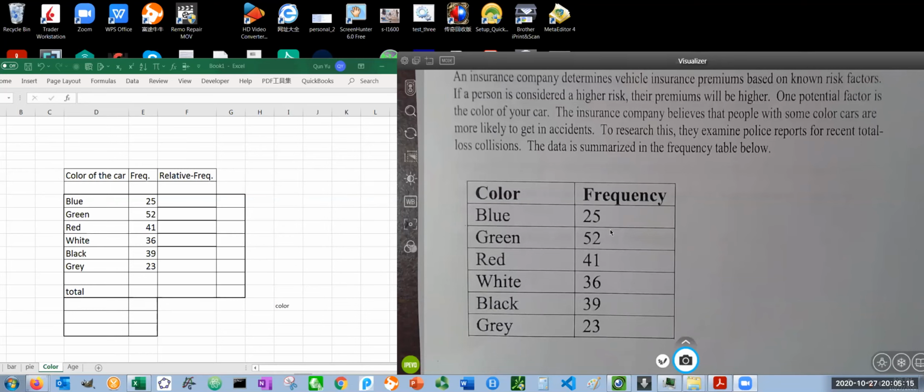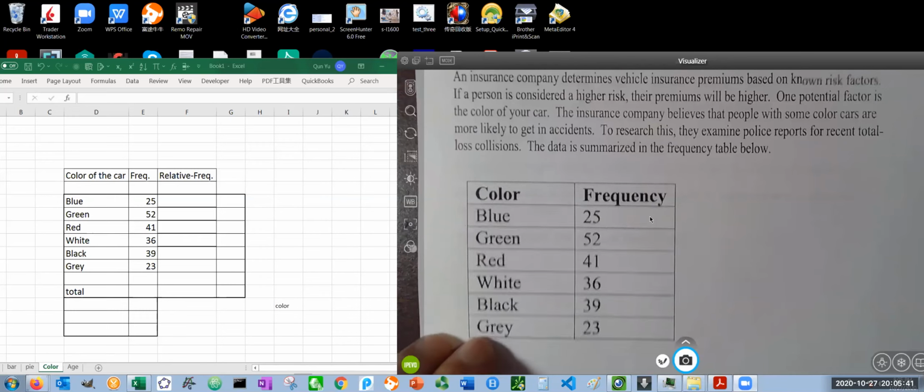For example, if I ask you, among all of these 216 total loss collisions, what percent of them involved blue cars? Well, you don't know, you have to do the calculation. That percentage, sometimes represented by a decimal, which is just a different format, is called the relative frequency. Okay, let's move on to the next page.